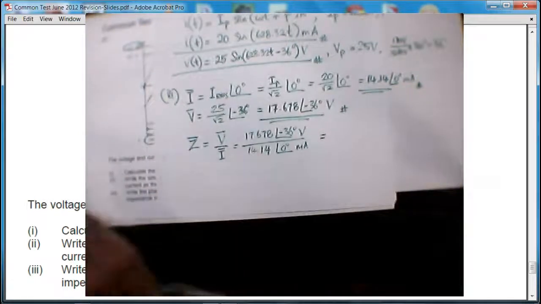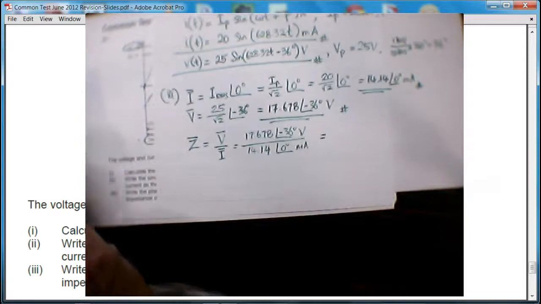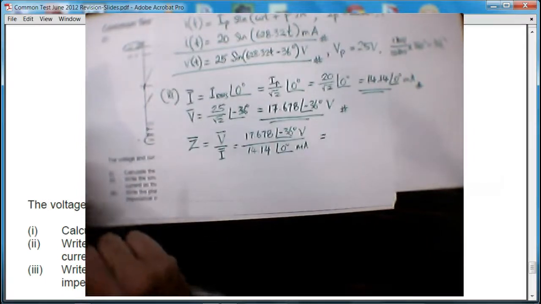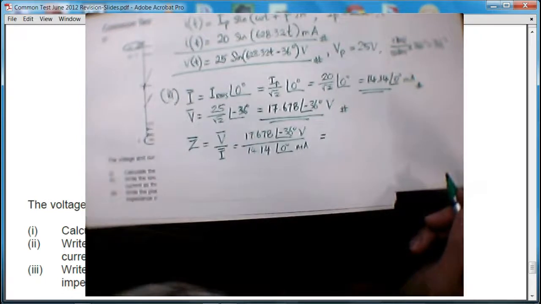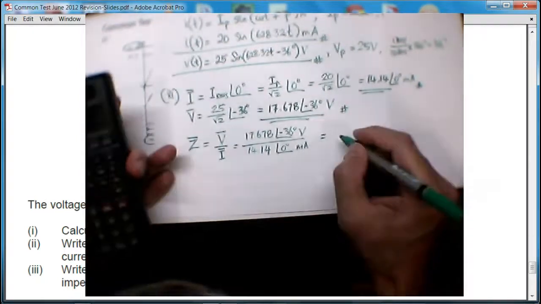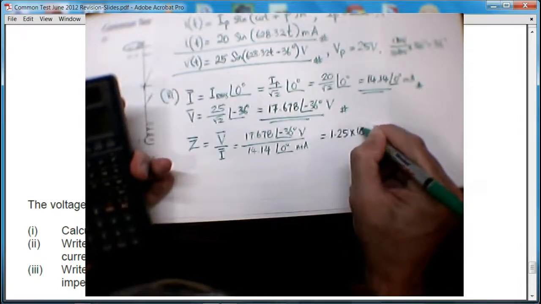So that gives me 17.678 divided by 14.14, it's 1.25 times 10 to the power of 3.